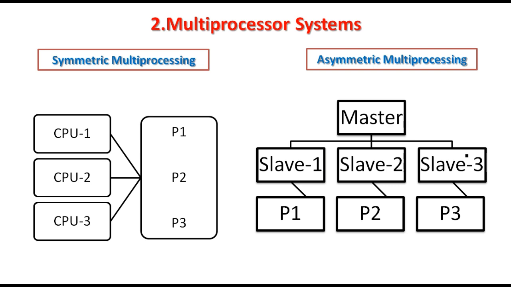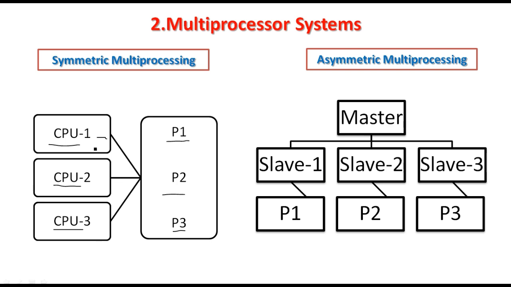The most common system which we use is symmetric multiprocessing, in which each processor performs all tasks within the operating system. Now you can see there is CPU 1, CPU 2 and CPU 3. It means that each processor performs all tasks, P1, P2, P3. There are 3 tasks and 3 CPUs.